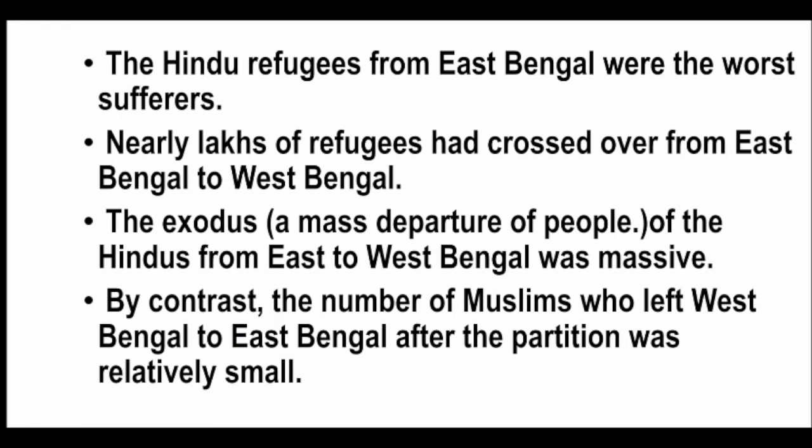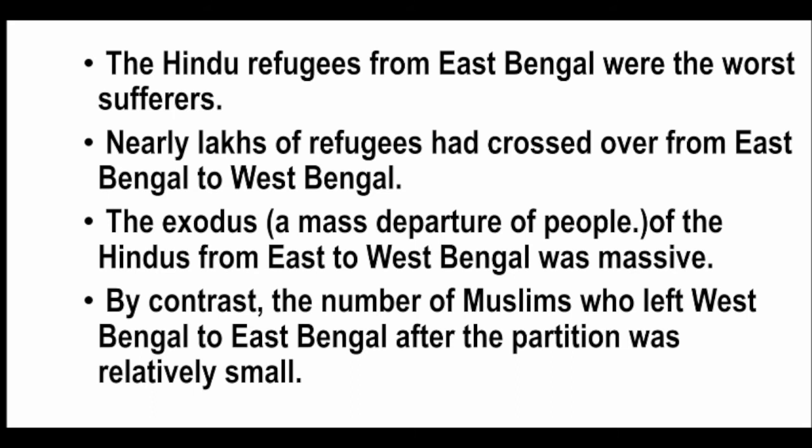By contrast, the number of Muslims who left West Bengal for East Bengal after partition was relatively small. A large number of Hindus had come from East Bengal or East Pakistan to West Bengal. Comparatively, very few Muslims had gone from West Bengal to East Bengal or East Pakistan.